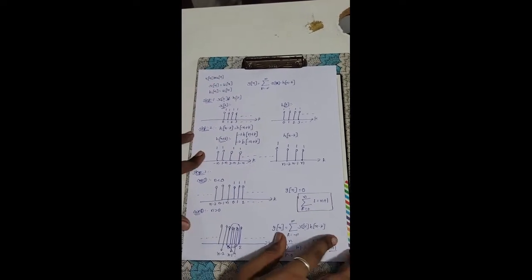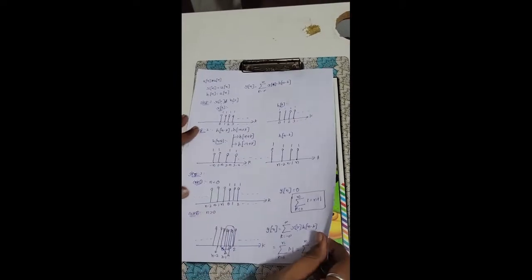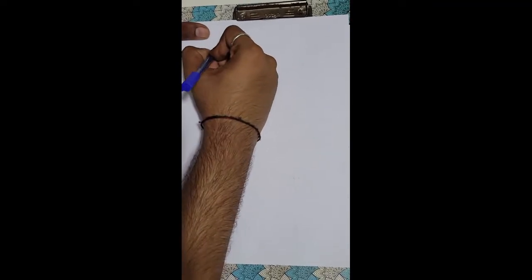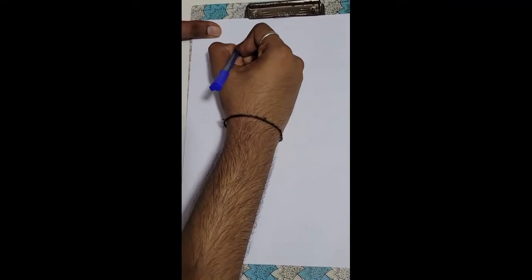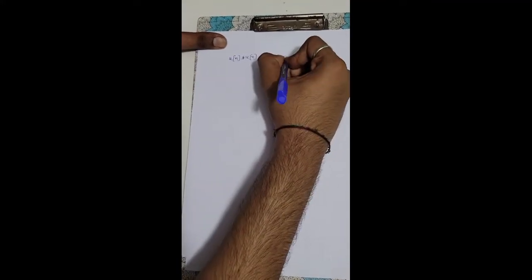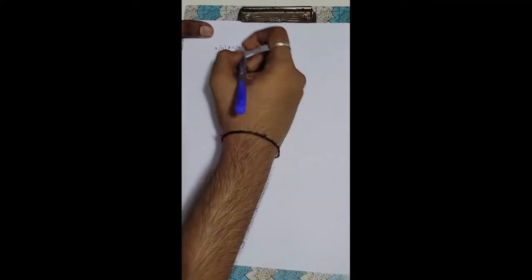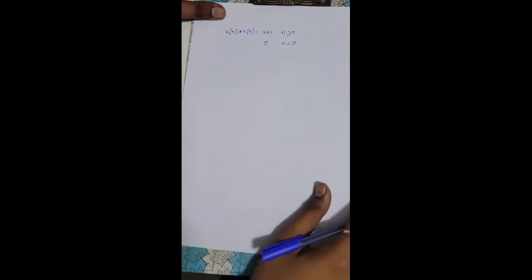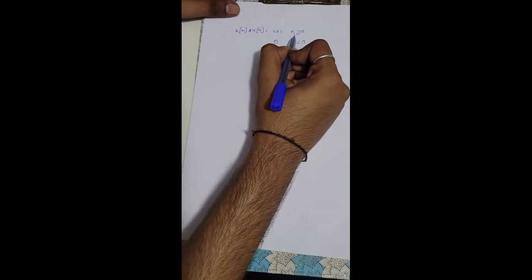So from the convolution we get that u of n convolved with u of n is equal to n plus 1 for n greater than or equal to 0, and 0 if n is less than 0. Here the value exists when n is greater than or equal to 0.